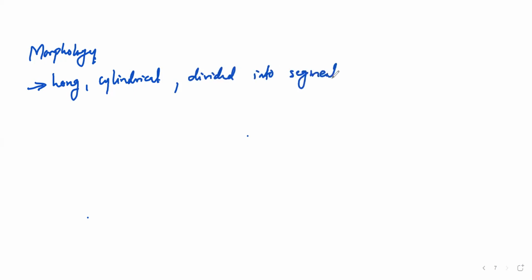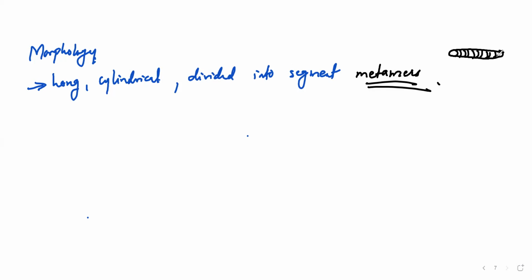Those segments are termed metamers. If you see an earthworm, it has a ring-like structure. This is what is called the segments or the metamers.